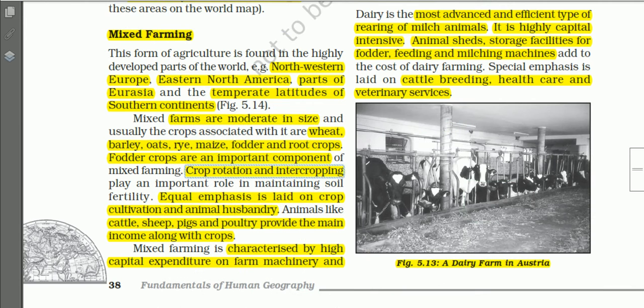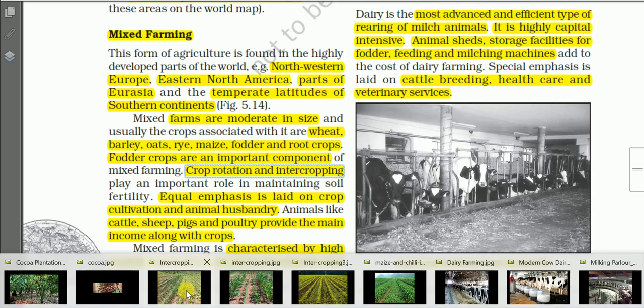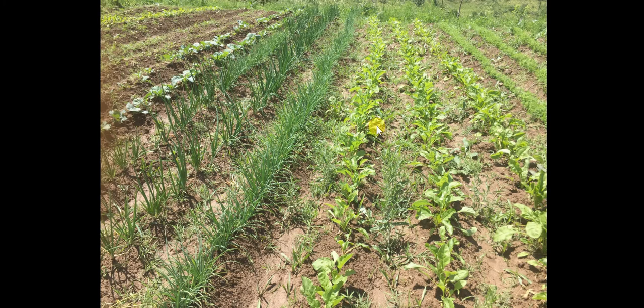For intercropping, I will show you some photographs. See, this is a photograph showing intercropping. You may find strips of vegetables here. This is one type of vegetable, this is another type of vegetable. In this way we may find rows of different types of vegetables or crops.